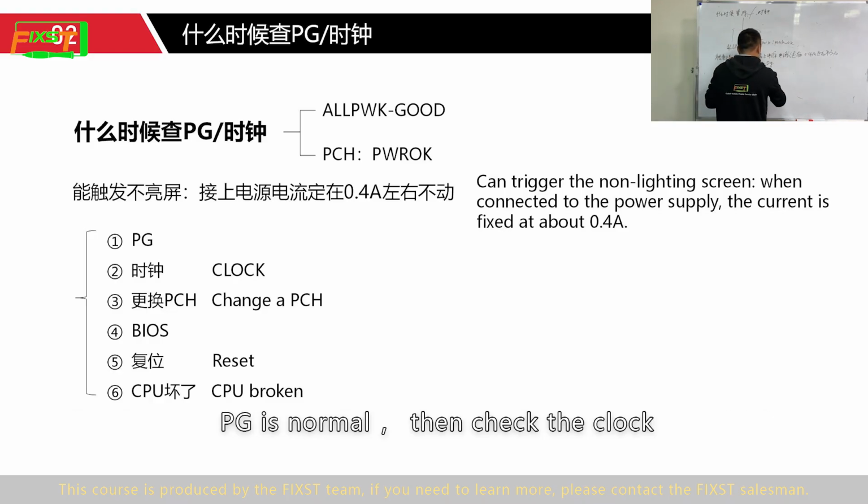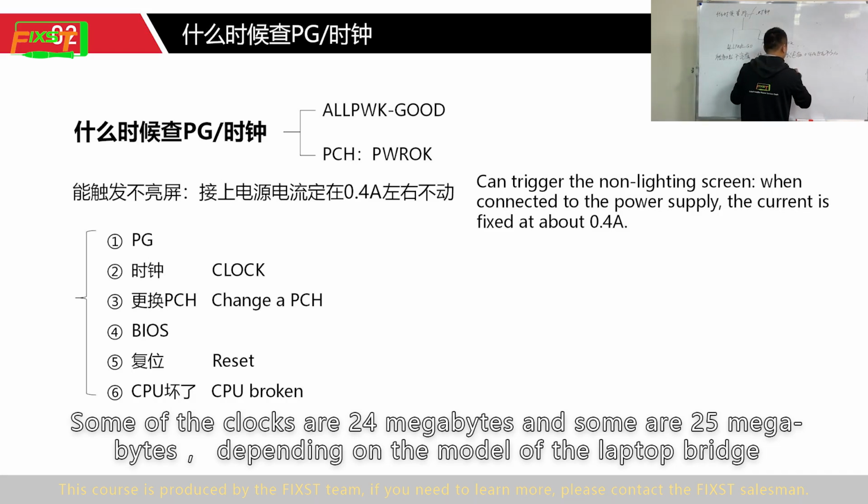If the PG is normal, then check the clock. Some of the clocks are 24 MHz and some are 25 MHz, depending on the model of the laptop bridge.